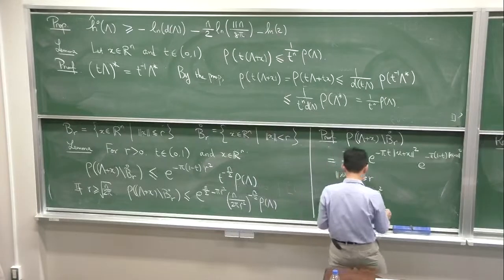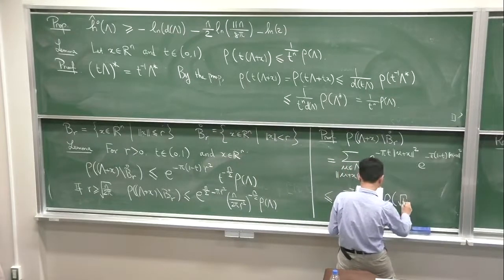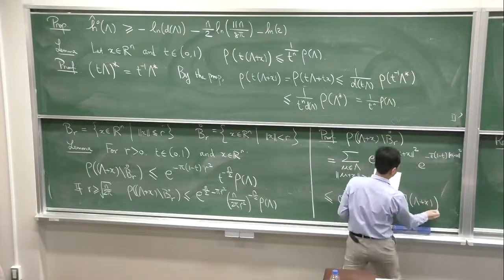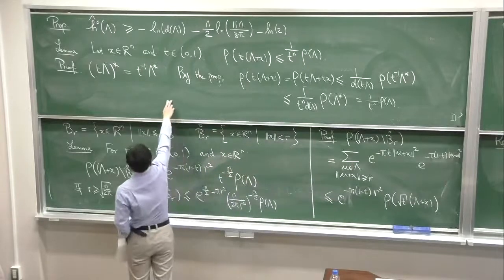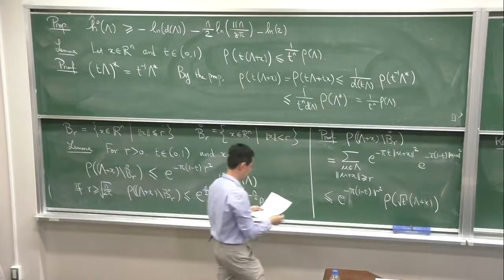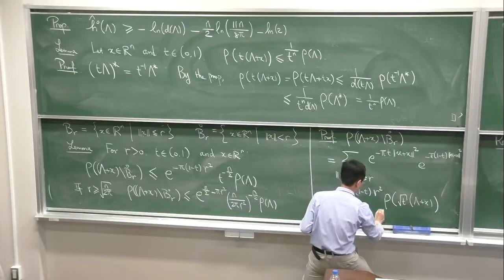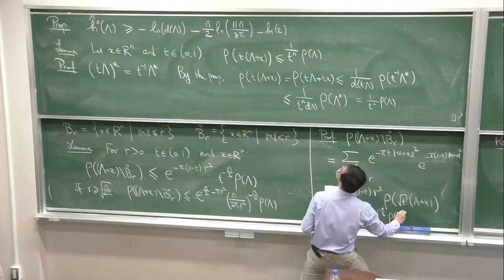And here you have this sum which remains, which is rho of square root of t, lambda plus x, just by definition. And then you know that by the lemma, rho of square root of t, you can take it out. So it's bounded from above by the same thing, times t to the power minus n over 2 rho of lambda plus x.